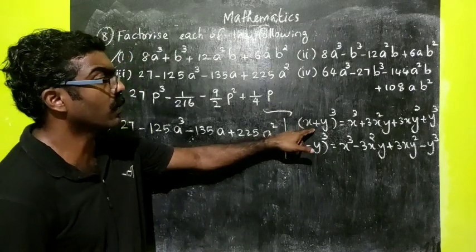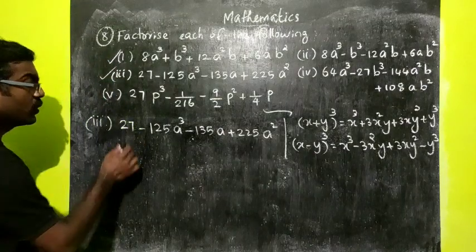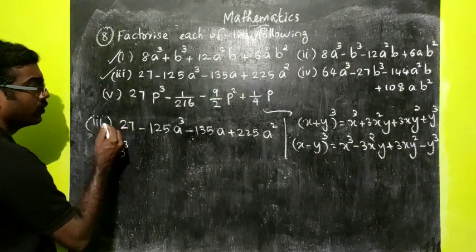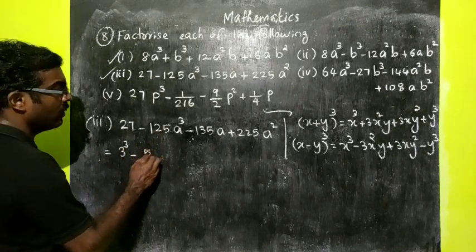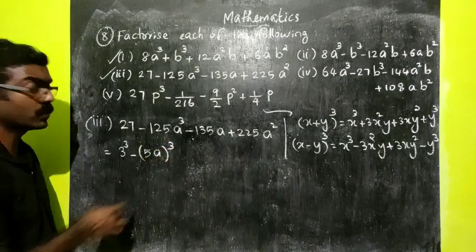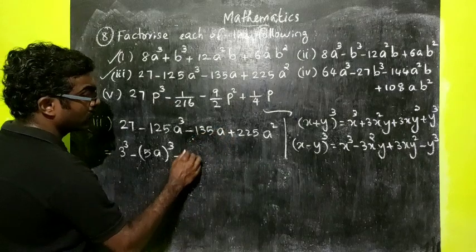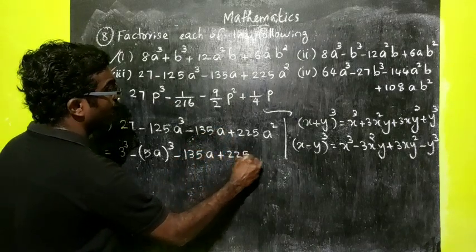In (x + y) the whole cube, all the terms are positive. So 27 is the cube of 3, so 3 cube. Then 125a cube can be written as (5a) the whole cube, since 5 cube is 125. Then we can write the next two terms, −135a and +225a square.